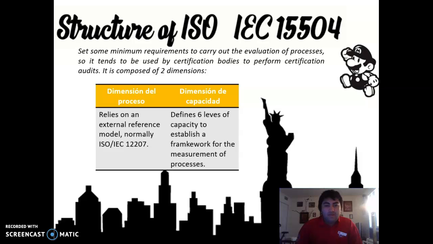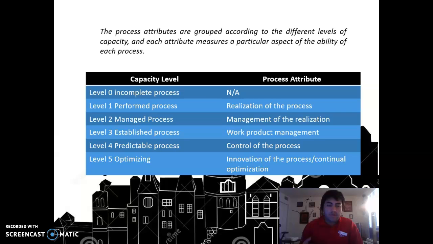So it has two dimensions. The first one is the process dimension, which relies on external references like ISO/IEC 12207 that I mentioned before, and the capacity dimension, which defines six levels of capacity and establishes a framework for the measurement of processes. All of these measurements and metrics that I'm talking about have to be with numbers.